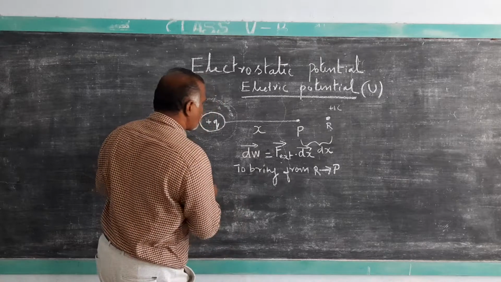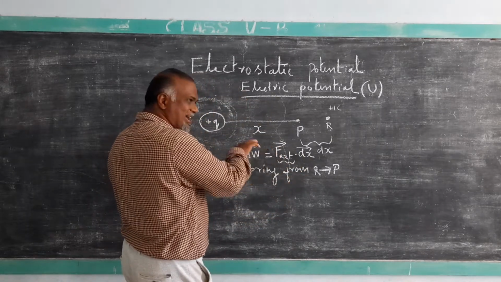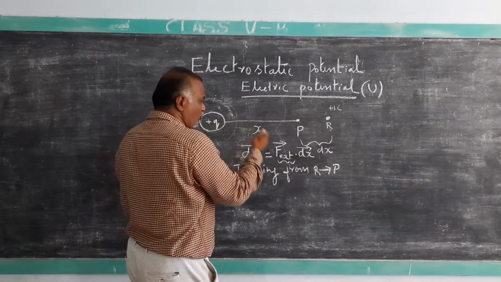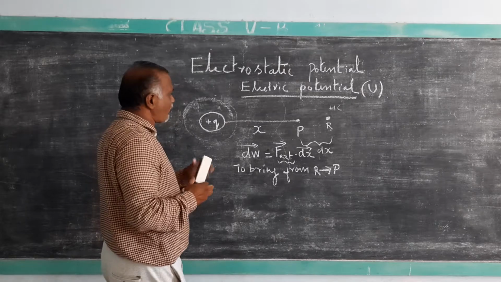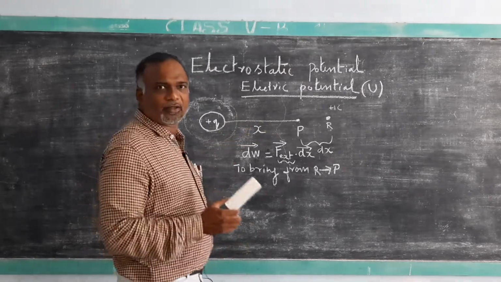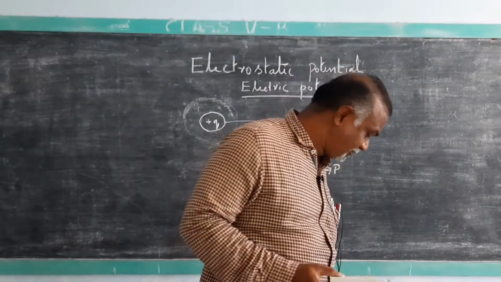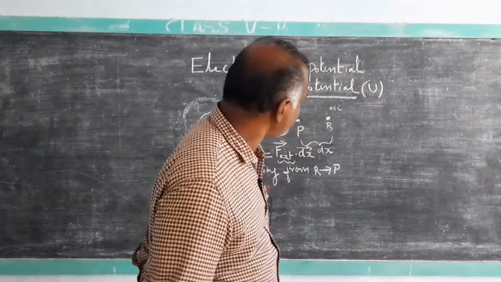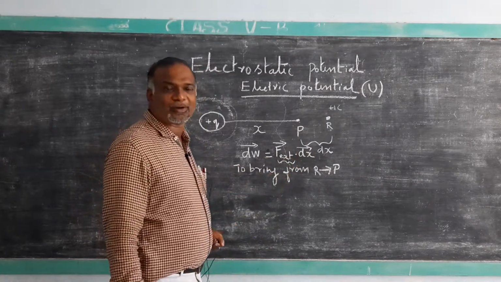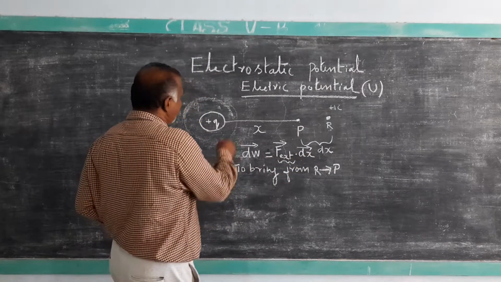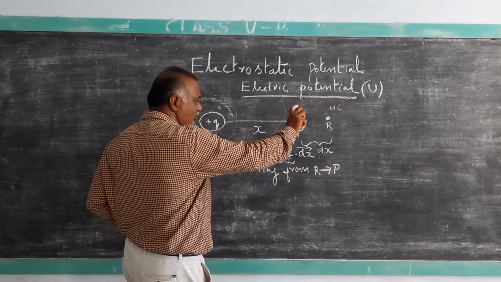So F external I don't know, but an equal and opposite force is there, against which I am moving. So F external I can replace by F Coulomb, by Coulomb's law of repulsion. This is one of the very, very important understandings as far as this derivation is concerned. I don't know how much I worked, but I know F Coulomb, the force opposing that.